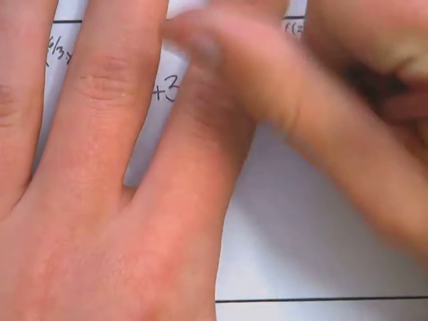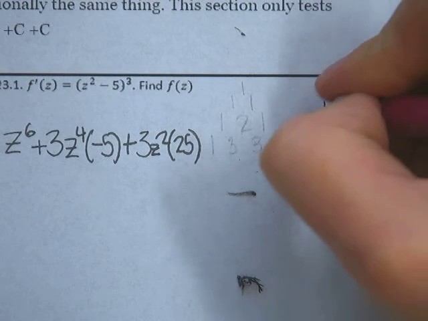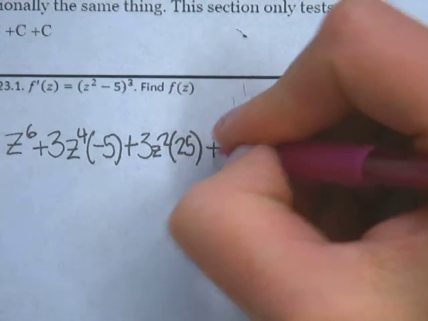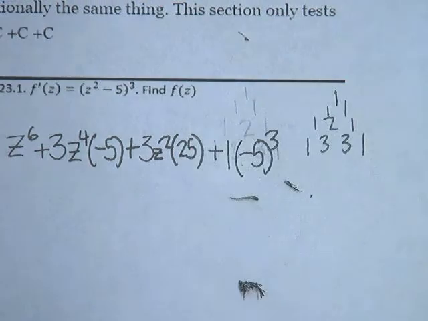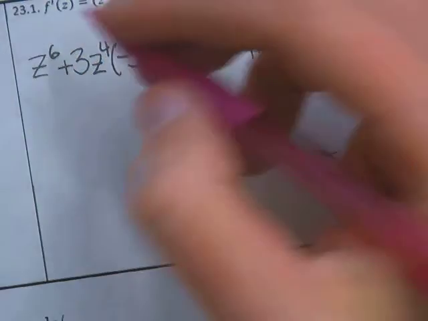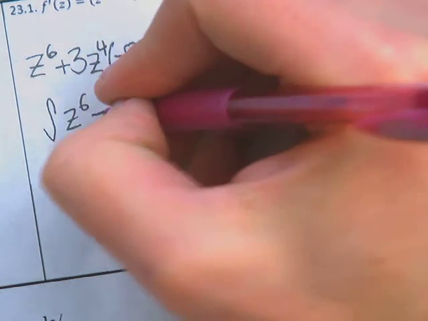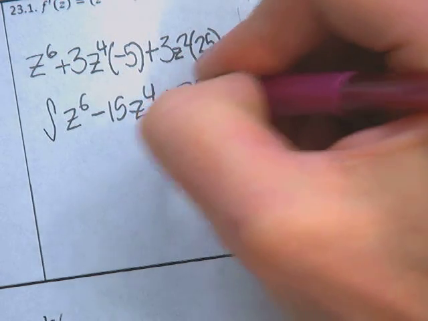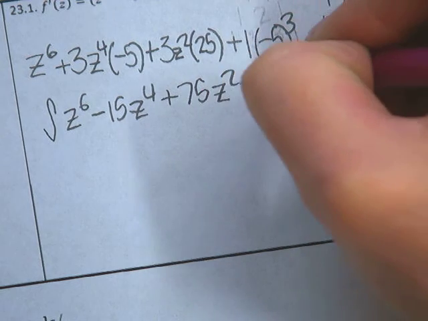My Pascal's triangle's totally in the way, so I will transpose it over here. On the last step, the coefficient is 1, and it's my last thing cubed, which is negative 5 cubed. Cool. So I'm going to write my integral as the integral of z to the sixth minus 15z to the fourth plus 75z squared minus 125 dz.